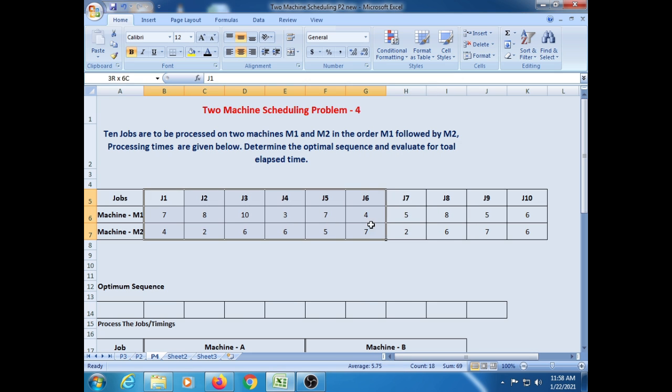So here we have 10 jobs and 10 jobs' processing times. These processing times relate to machine 1 and these processing times relate to machine 2.